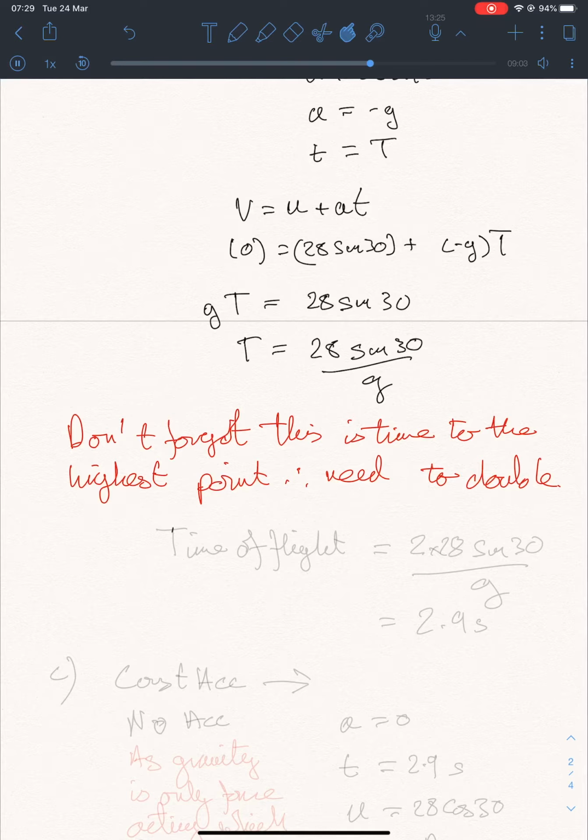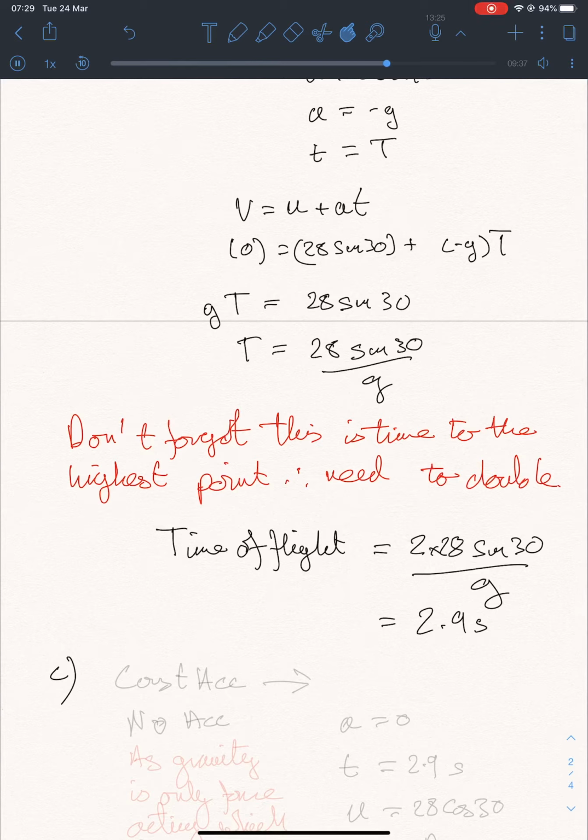So time of flight equals 2 lots of 28 sine of 30 over g. So sine 30 is a half, so 28 over g, that's going to be just under 3. So about 2.9 seconds. Okay, that's that one done.